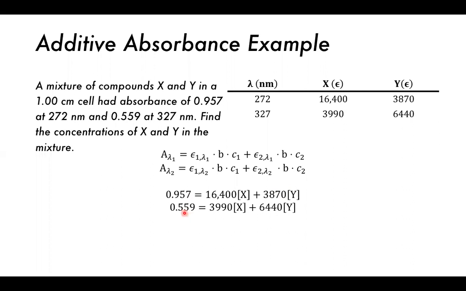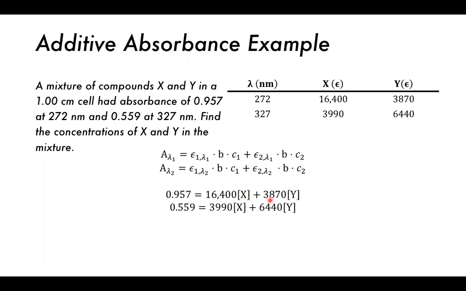The absorbance at wavelength number 2 is 0.559, and that's equal to the epsilon of X at wavelength number 2, which is 3,990 at 327 nanometers for species X, or species number 1, plus the epsilon for species Y, our second species, at the second wavelength, 327 nanometers, times the concentration of Y. So now we have two equations of a similar form, both in terms of X and Y.